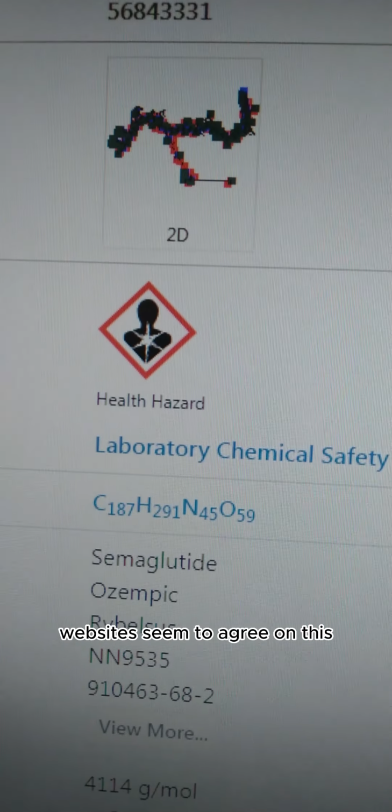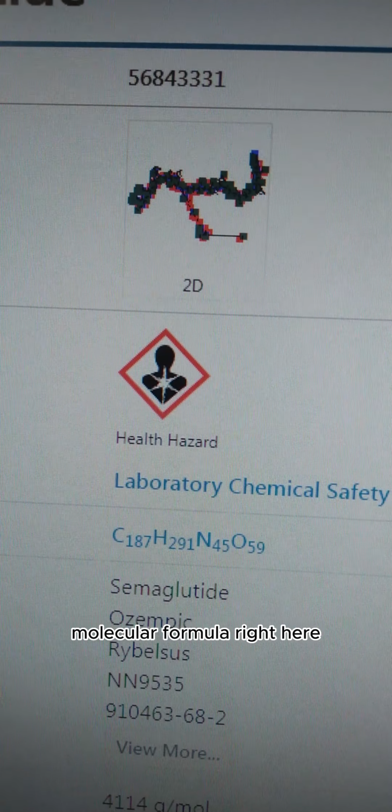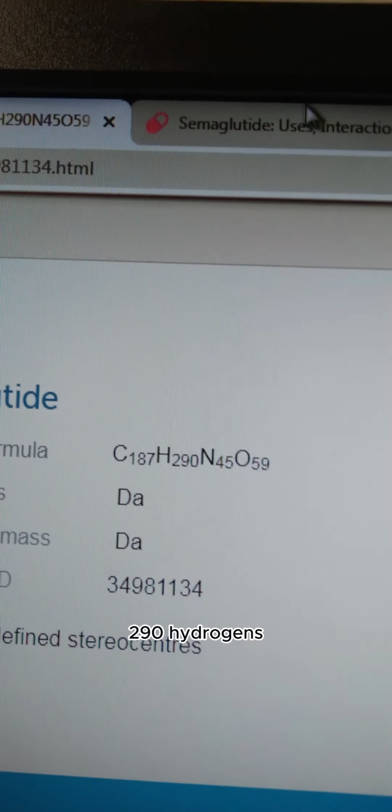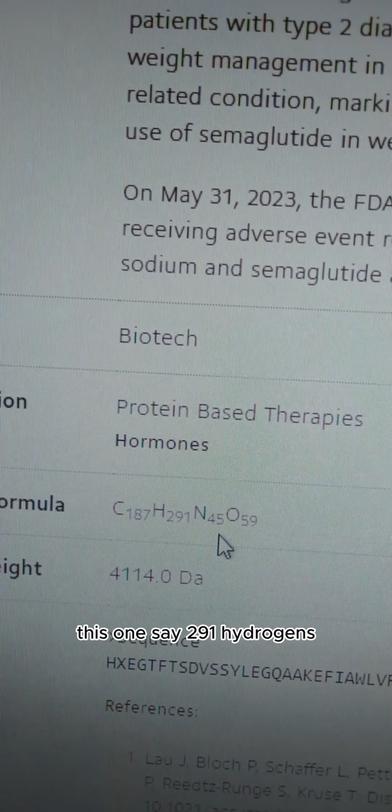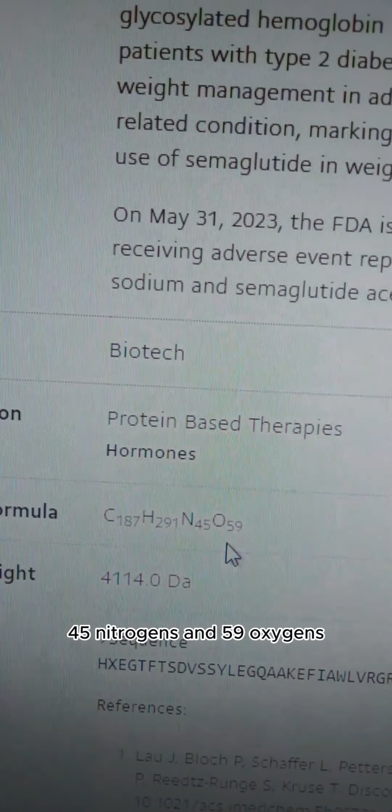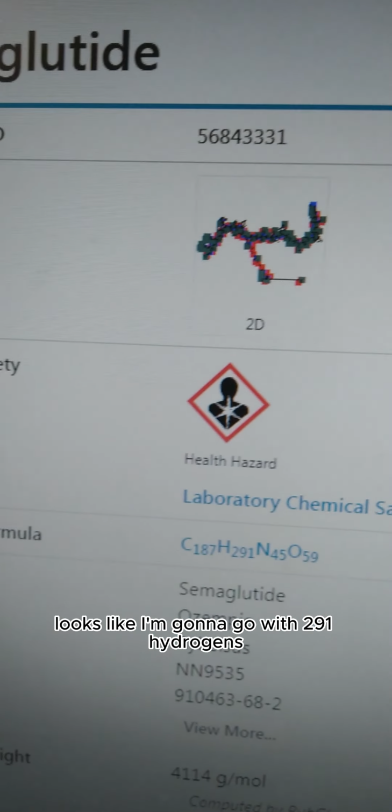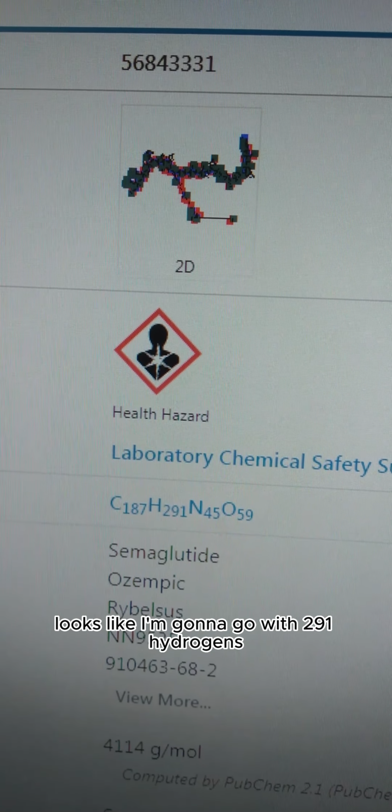Websites seem to agree on this molecular formula: 187 carbons, 290 hydrogens. This one's saying 291 hydrogens, 45 nitrogens, and 59 oxygens. So pretty much the same. Looks like I'm going to go with the 291 hydrogens.